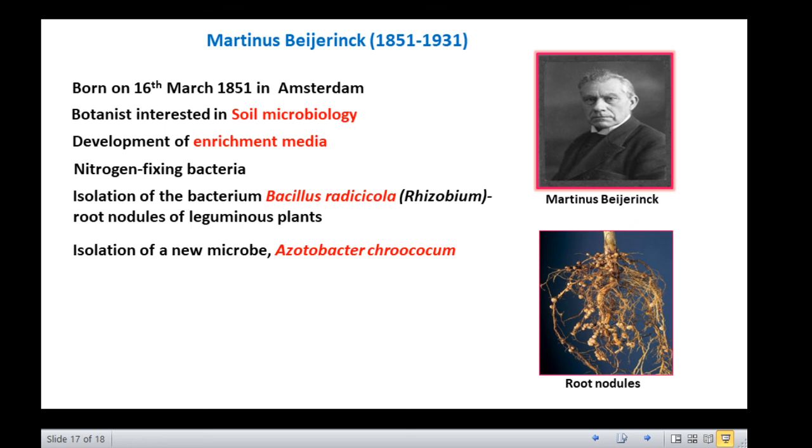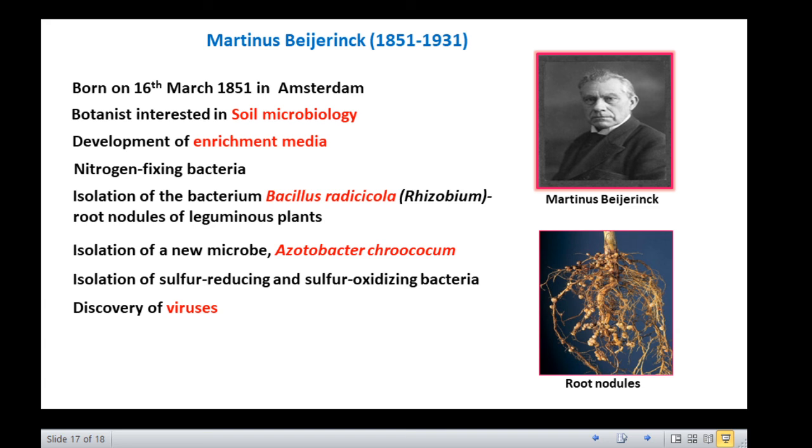Similar selective culture techniques also enabled his lab to isolate sulfur reducing and sulfur oxidizing bacteria, Lactobacillus species, green algae, and many other microbes. Beijerinck also played a major role in the discovery of viruses.